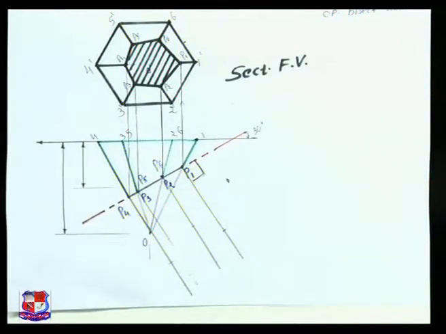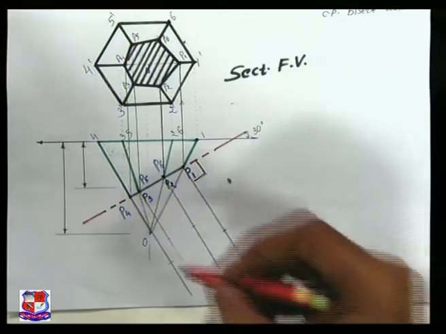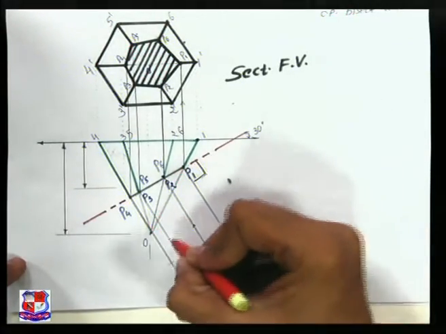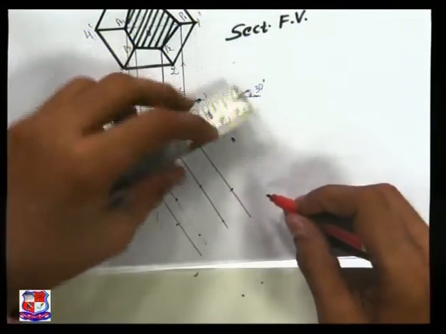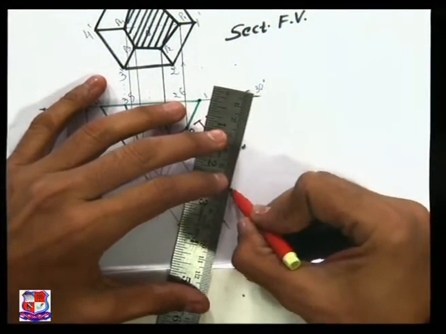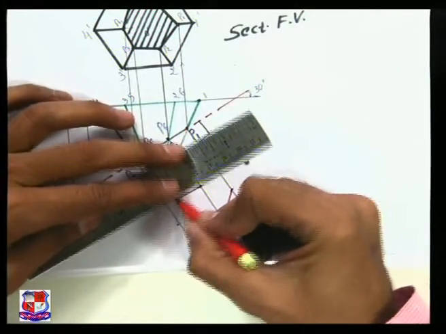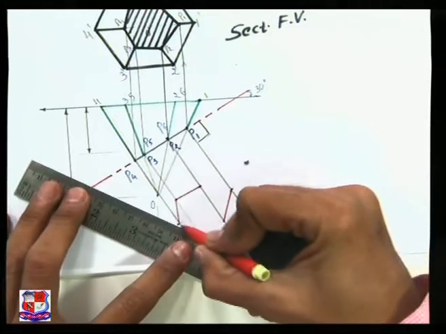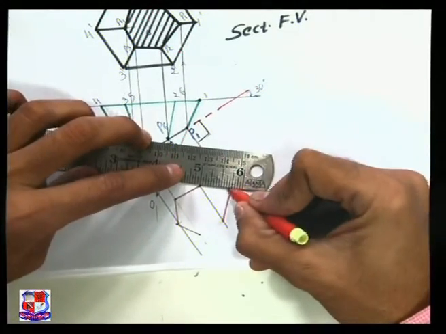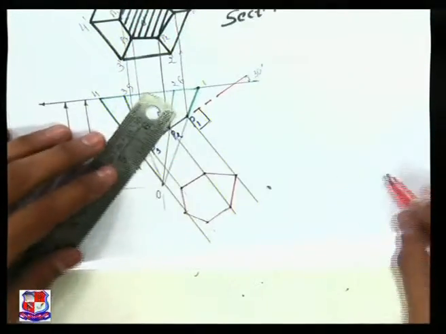So we have identified 5 points and join all these 5 points with a straight line, as it's a pyramid. So these 5 points should be joined like this, and this represents the true shape of the section.